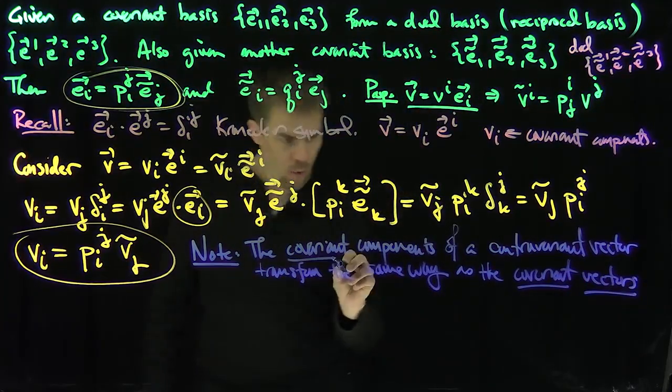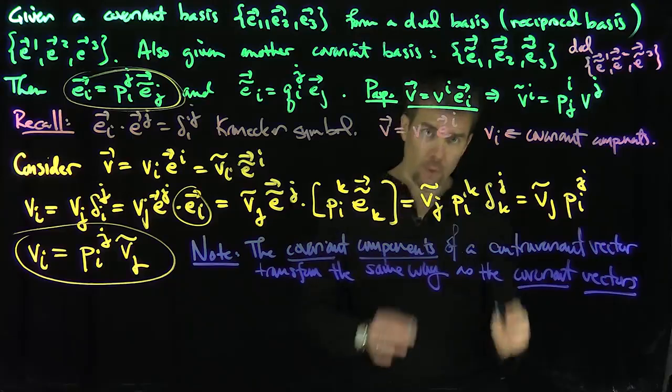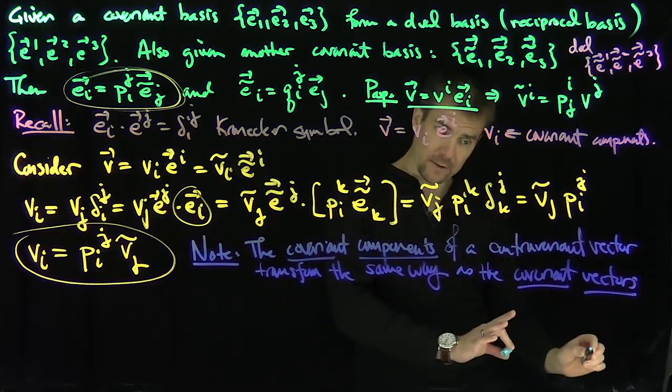In other words, the covariant components transform the same way as the covariant vectors themselves.